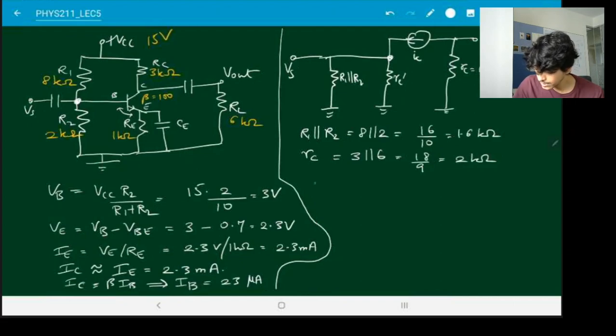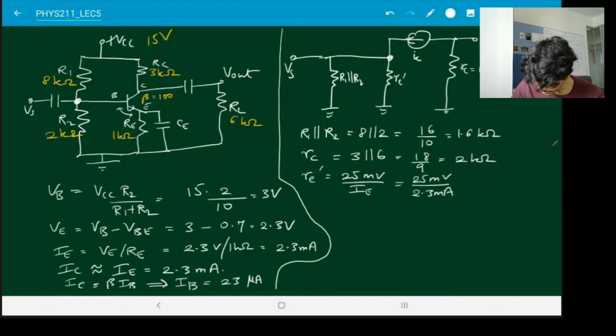How much is RE prime? RE prime is 25 millivolts divided by the DC emitter current. So 25 millivolts divided by 2.3 milliamps. So this is going to be something like 10 ohms roughly. How much is it in my calculations? 10.86 ohms.